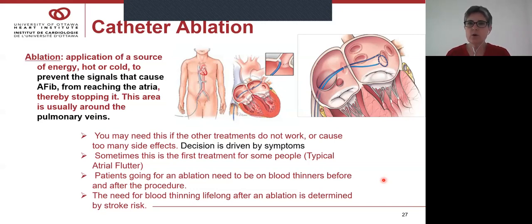If during the healing process any of the cells that have been ablated or burned recover, then they can conduct an electrical signal again, and the atrial fibrillation can make it through that fence that's been burned around the pulmonary veins. So again, the doctor, when you're having this discussion, will give his best prognosis.